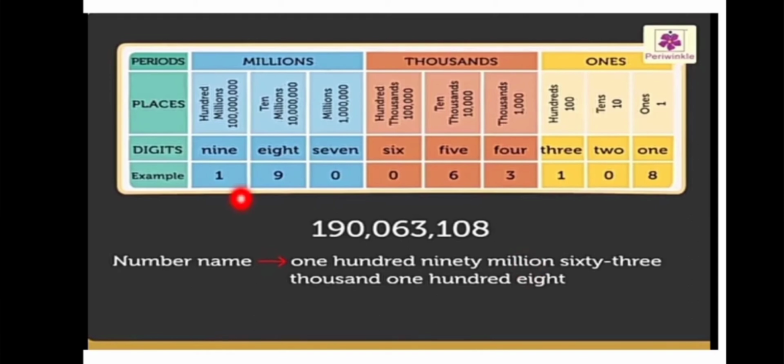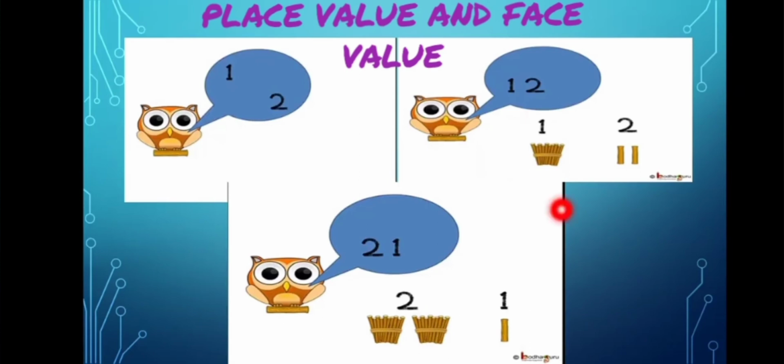Okay students, did you notice that here we did not read the place value of zeros, but we write them to show the right value. Look, these are the numbers 1 and 2. What happens when 1 and 2 come together?